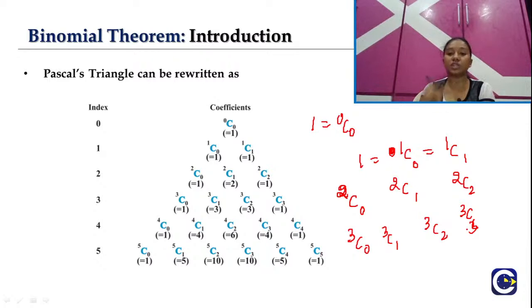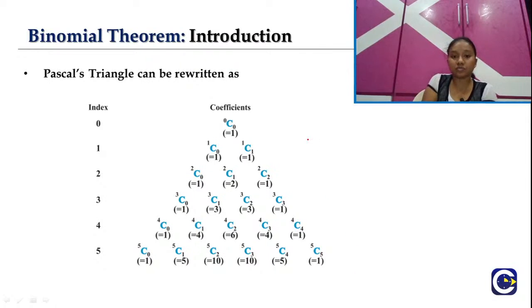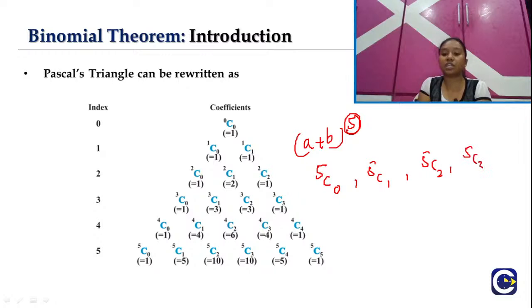Without doing this splitting and addition, how can we do that? It's easy. If I have (a + b) whole power 5, now I know what the coefficients are. I'll take my index, and my coefficients will start from 0. That means 5C0, 5C1, 5C2, 5C3, 5C4 and 5C5.